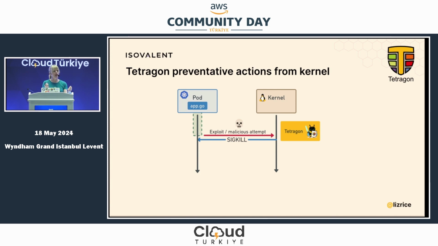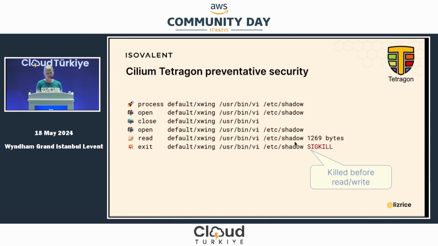And I can do that synchronously. So what we're going to see here is not only is it going to log the suspicious event, but we're going to see it getting killed before it's actually able to take place.